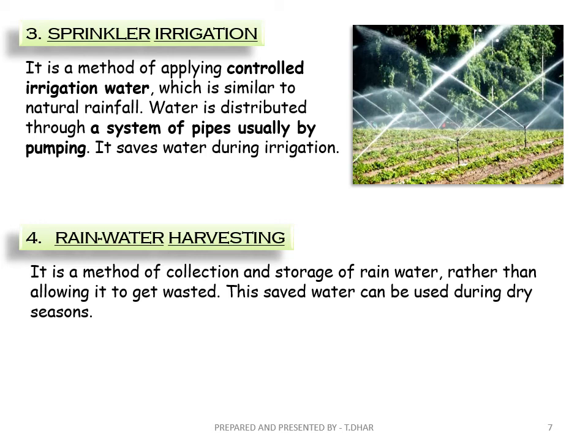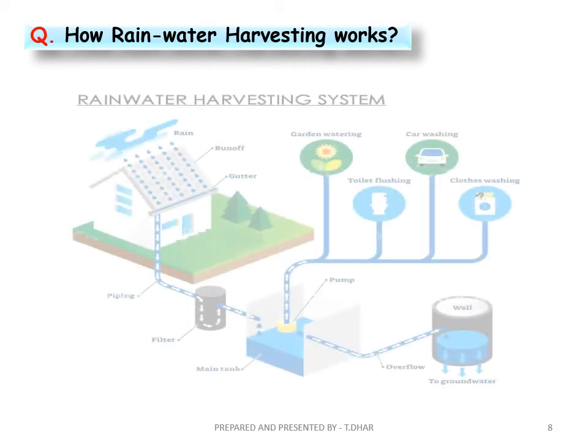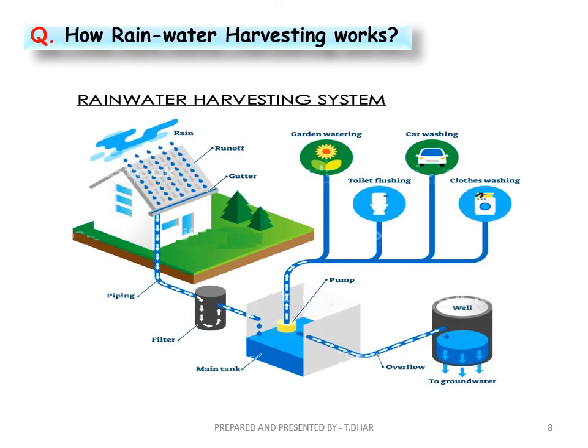Let us see how this rainwater harvesting works. Here is a picture of a rainwater harvesting system. On the left hand side you can see a house.